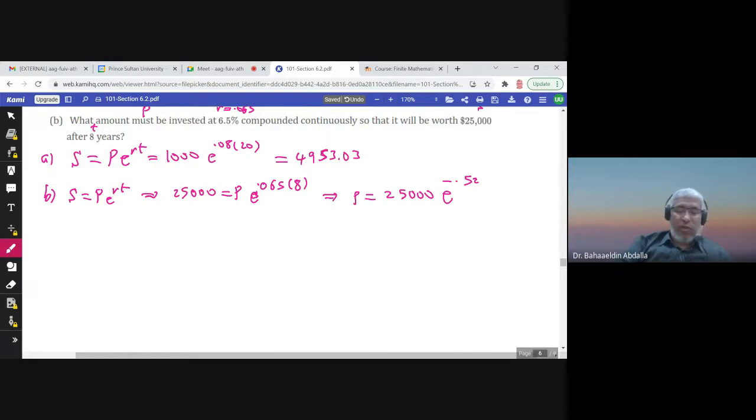So I'll just multiply 25,000 times e to the power negative 0.52, and the answer is 14,863.01. This is the present value. What is the future value? 25,000.